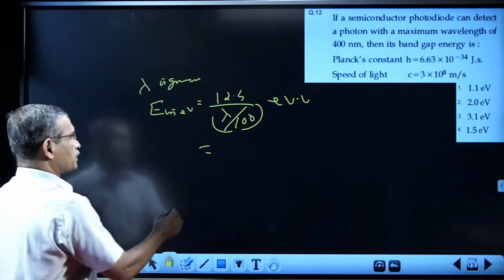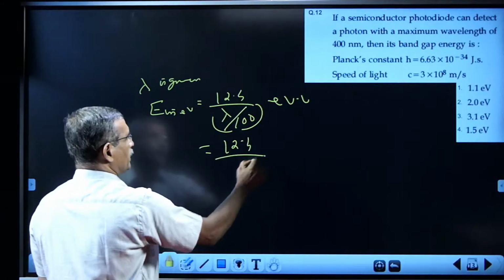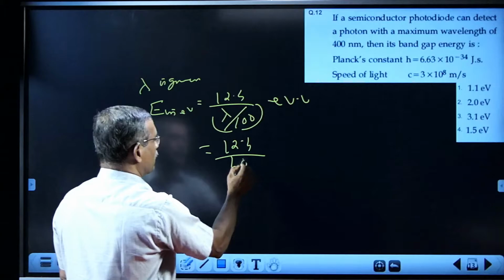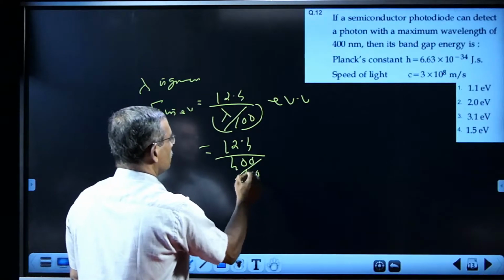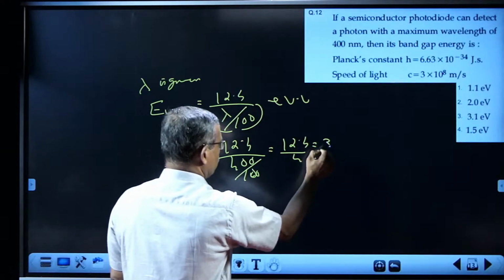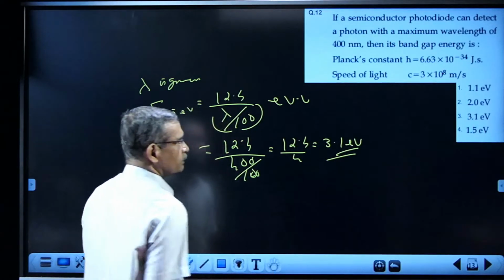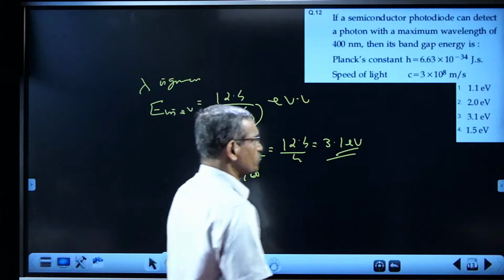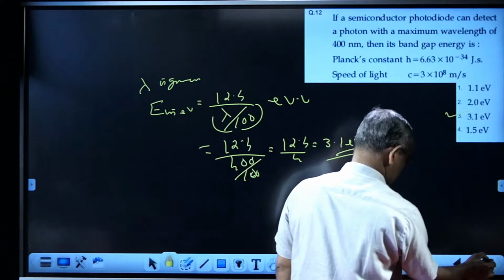So the band gap energy is 12.4 by 4, which is equal to 3.1 electron volt. So the answer is option 3. Simple question.